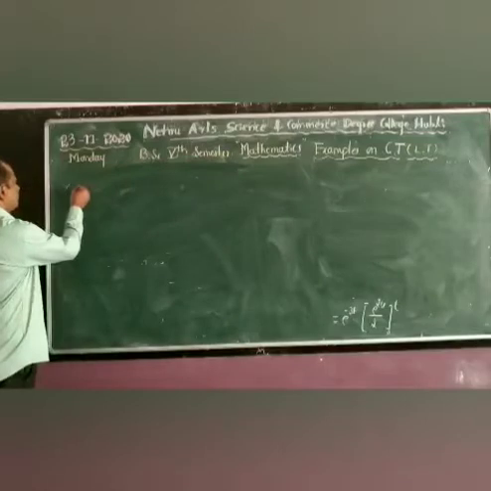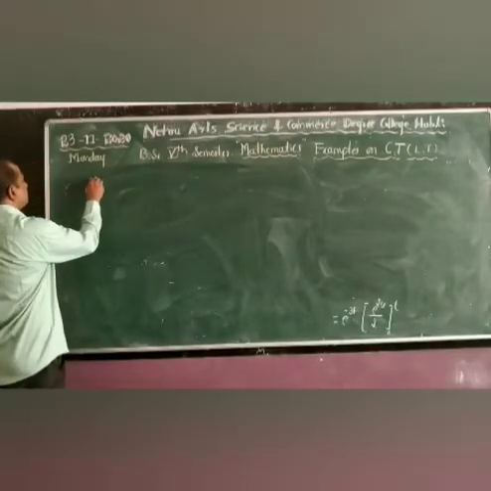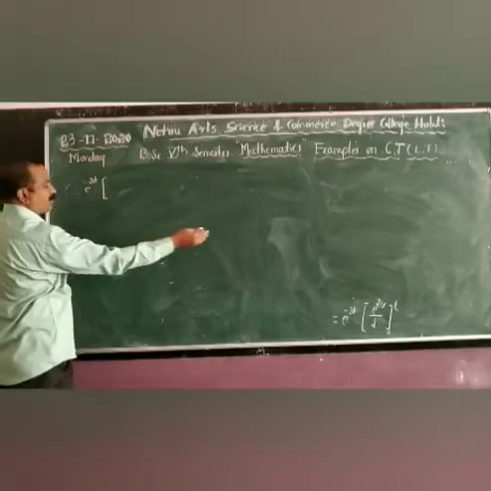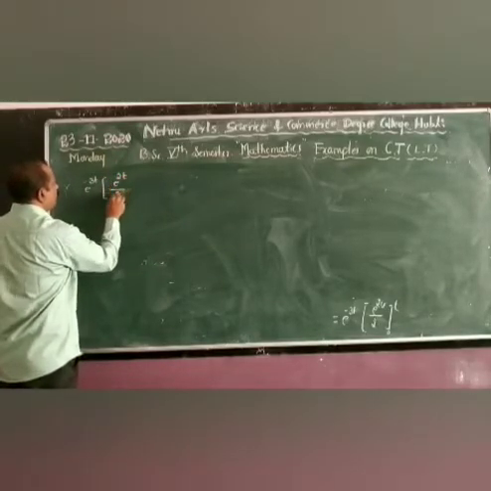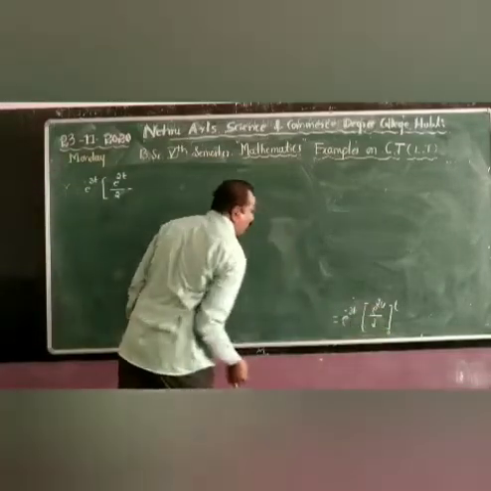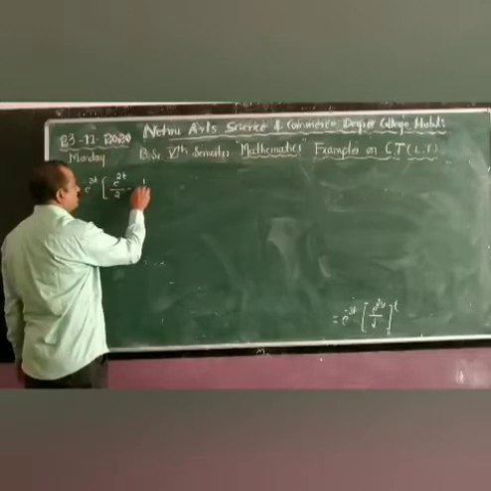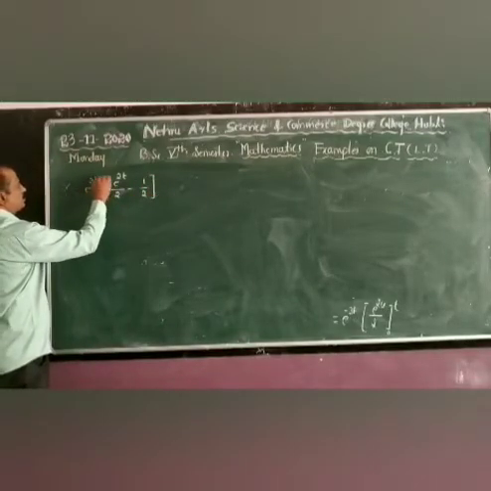So we have e raised to minus 3t into bracket upper limit minus lower limit: u replaced as t, e raised to 2t divided by 2, minus u as 0, e raised to 0 divided by 2, which is 1 by 2 because e raised to 0 is 1.